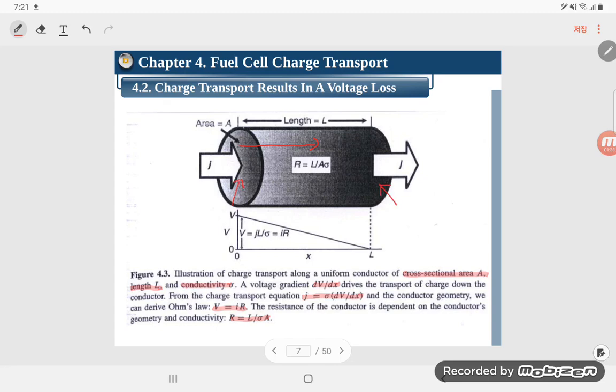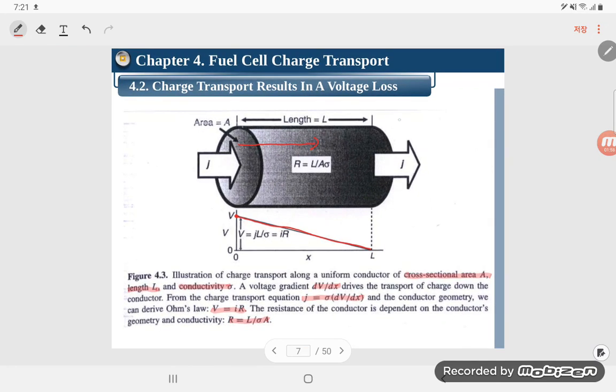That is the driving force of the charge transport. So the voltage drops, meaning it decreases, through the transport direction, right? So this part has a higher voltage than this part.